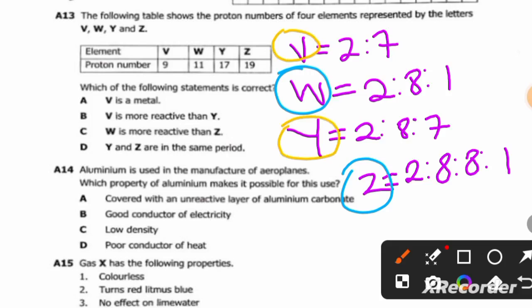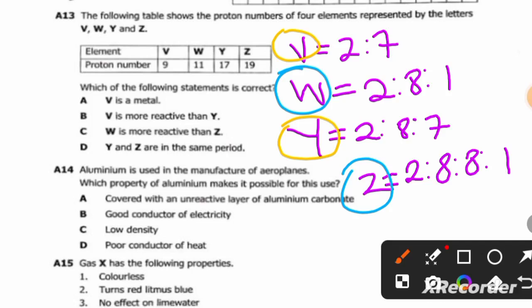Why are we saying they are coming from group 7? We can see they have 7 electrons in the outermost shell. So for this reason, they are coming from group 7. So which statement is correct therefore?